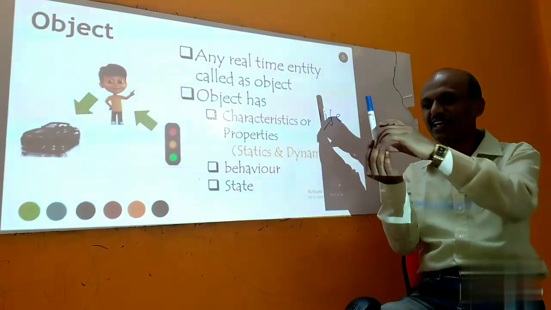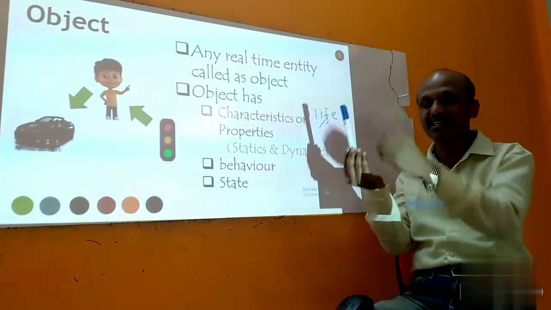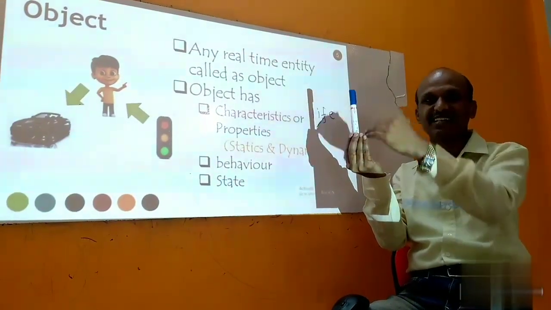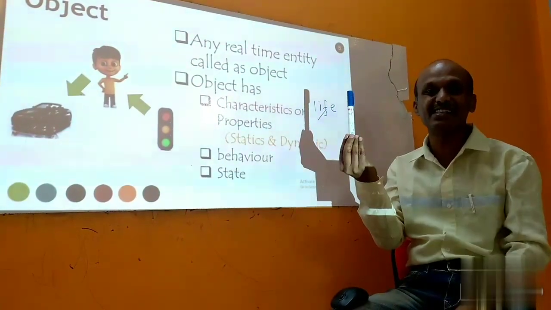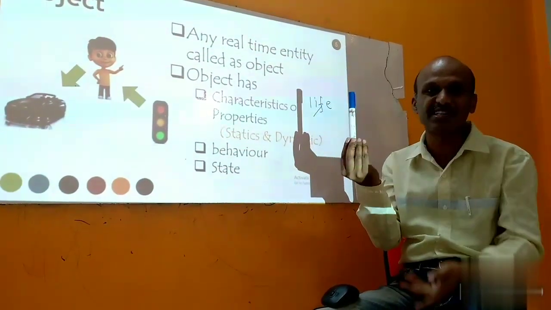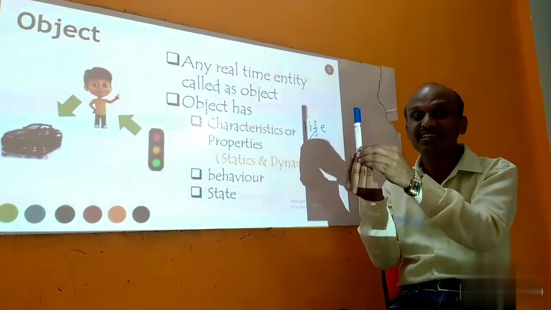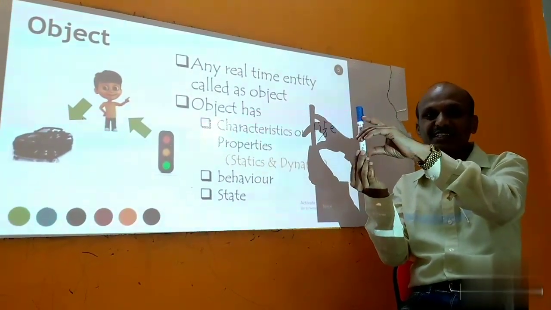For example, currently the ink level is 3 centimeter. When I am writing something, the ink level goes to 2 centimeter. Means that characteristic, ink level, is changing, dynamic. When I am again pouring ink into this pen, the ink level increases to 4 cm, 5 cm. Means the ink level within this pen is dynamic. Or currently blue ink is there in this pen.